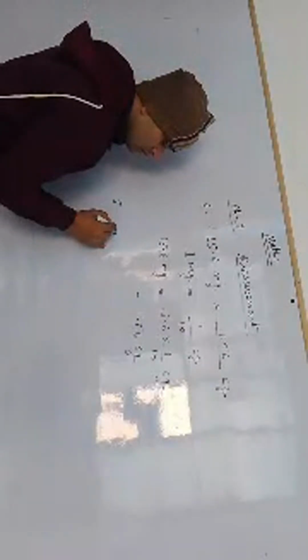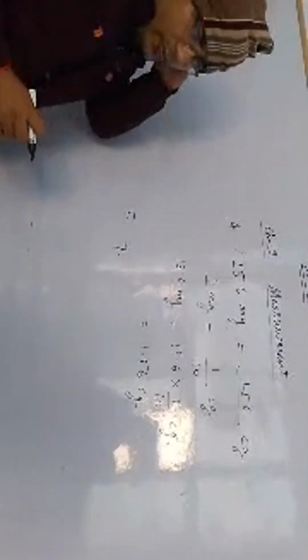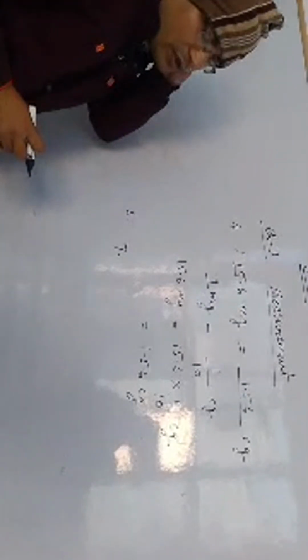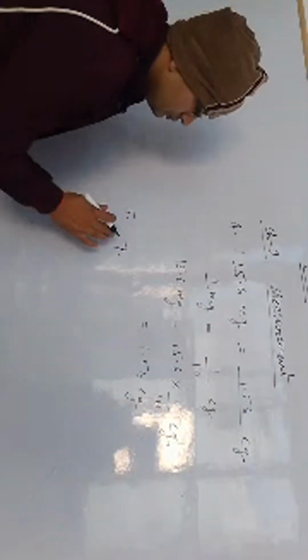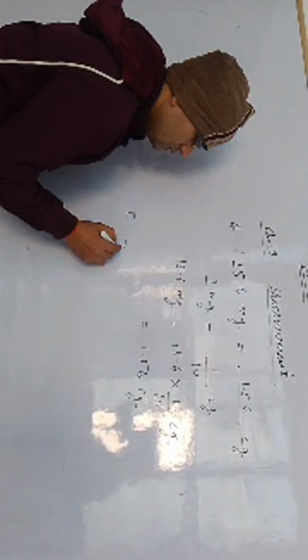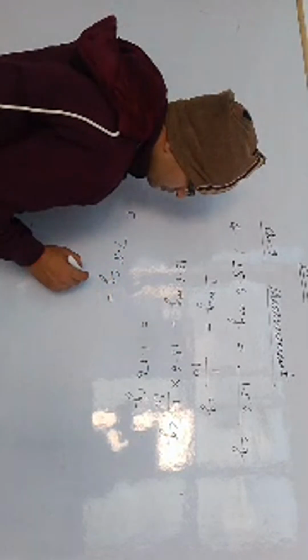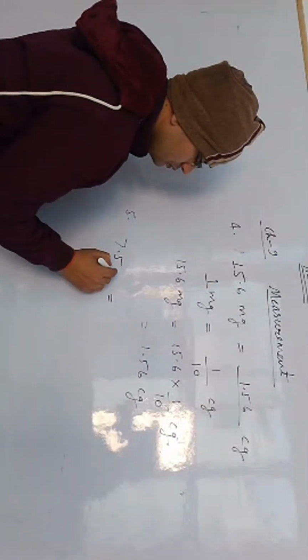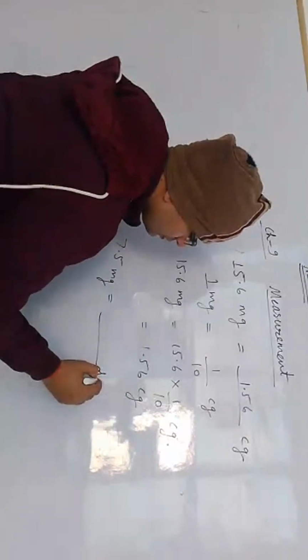Question number 5. Now you are practicing two chapters similarly, measurement and decimal. 7.5 milligram is equal to how much decigram?